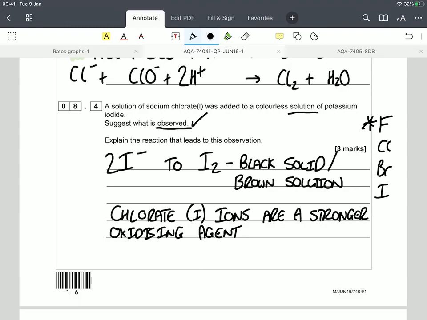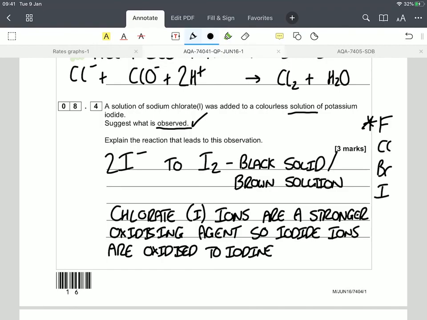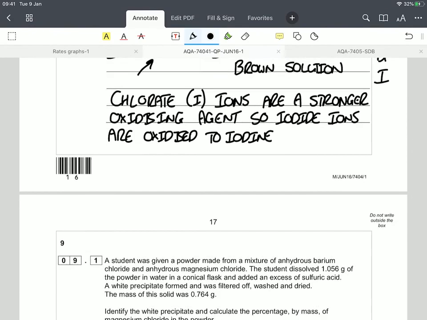So the only other thing I might add is just in words, because I'm conscious of the fact it's 3 marks, is a comment about the fact that the iodide ions are oxidized to iodine. Kind of mentioned that up at the top here, but it's probably better to explicitly state it. Okay? Right.